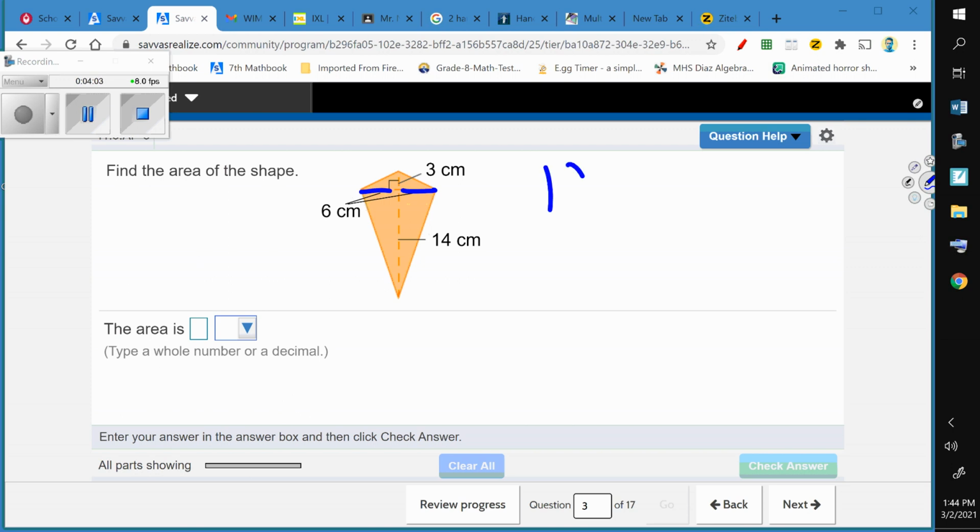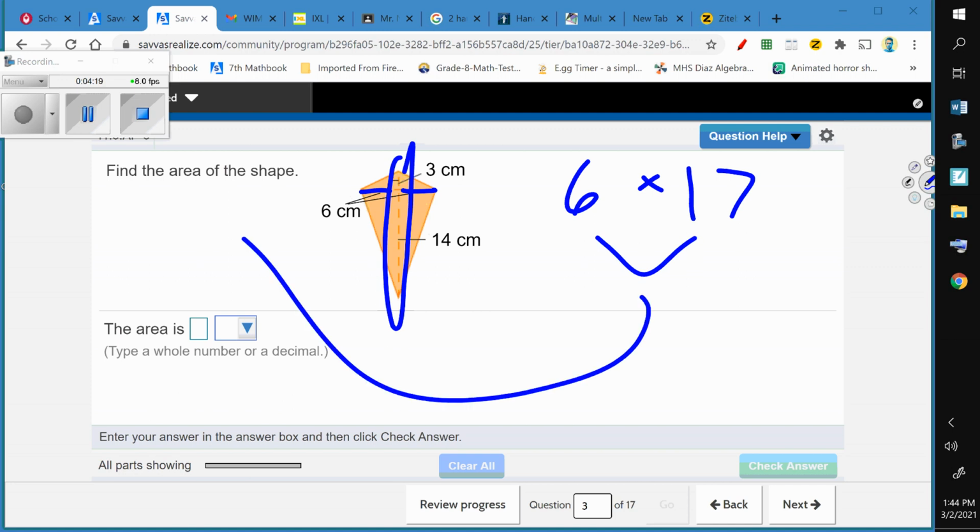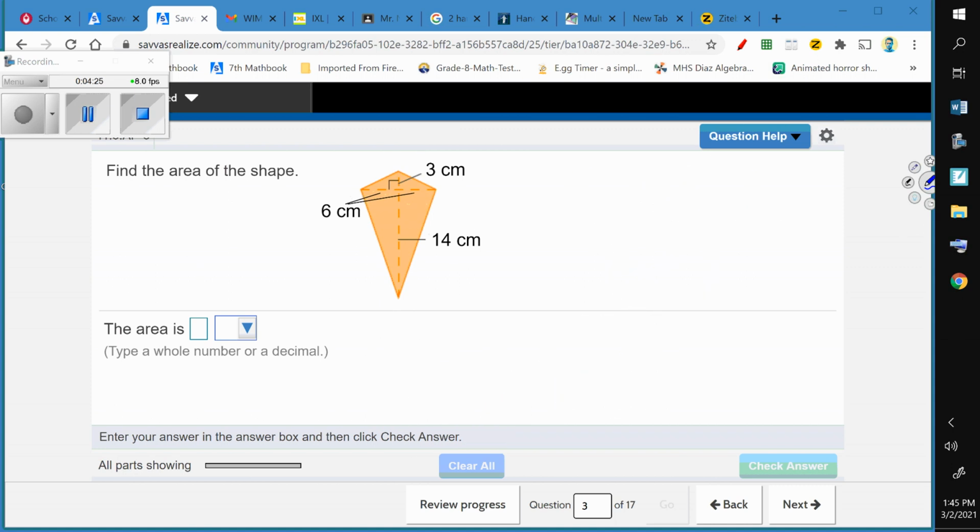What's 6 plus 6? And then what is that distance? 3 plus 14. Now, you can multiply and then cut in half. What I'm going to do is I'm going to cut this number in half first. And then just multiply those two numbers, and that will give you your answer, okay? Don't forget centimeters squared. That is number 3.